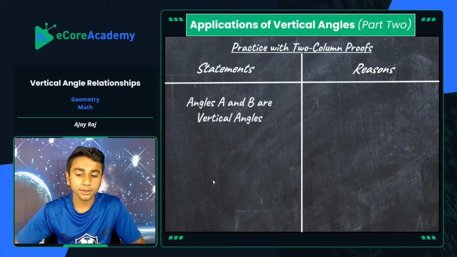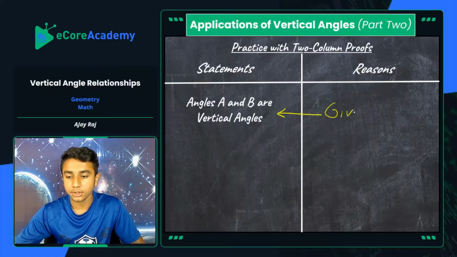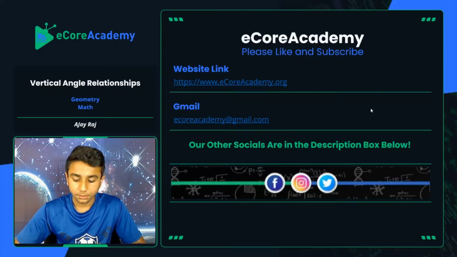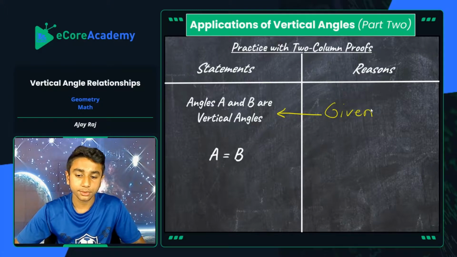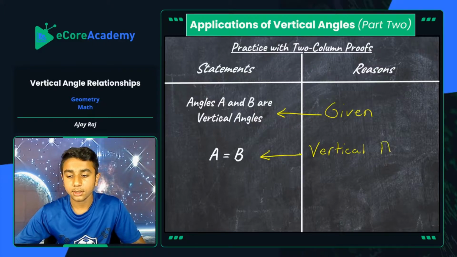So what we're given here is that angles A and B are vertical angles, and that's part of the problem. So we're going to write here as our statement that it's given, given as a problem or given as information. And we're going to state that A equals B. And what we know from that is that since they are vertical angles, A equals B because of the vertical angles theorem, because we know that the vertical angles theorem proves that vertical angles are going to be equivalent or congruent.